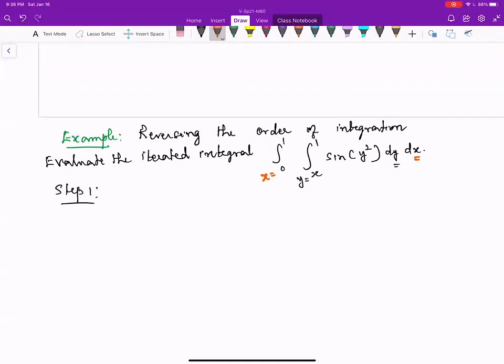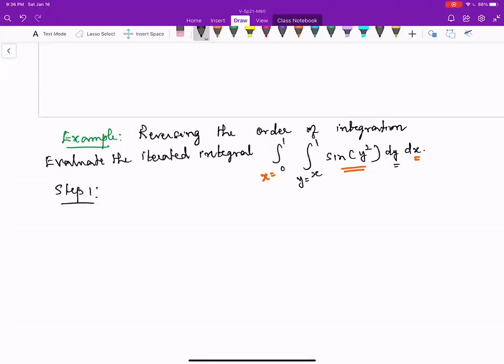So first let's see the way we have handled the earlier ones. Can we do the problem the way we did earlier problems? If we had to do it that way, then we have to integrate sine of y squared with respect to y. How do we integrate sine of y squared with respect to y? That's not possible.